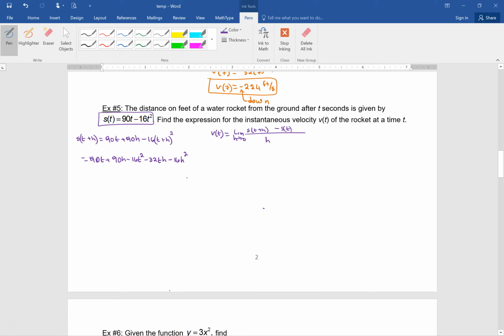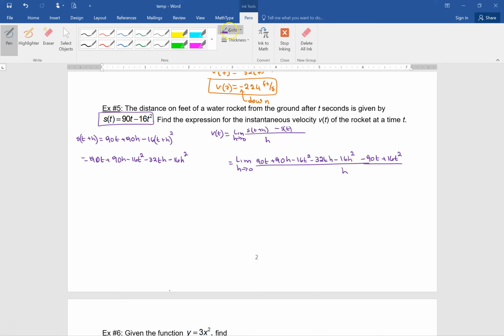When we plug this in, we get that this is the limit as h approaches 0 of what we just found. Now, minus s of t, so we get minus 90t plus 16t squared all over h.